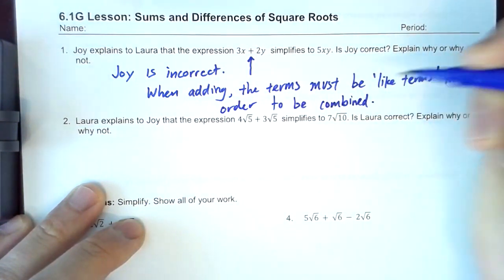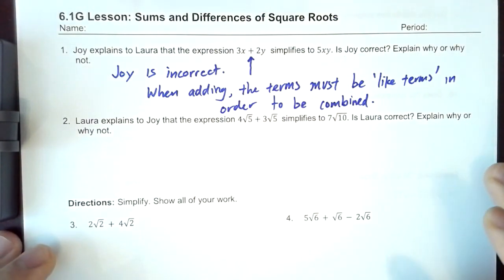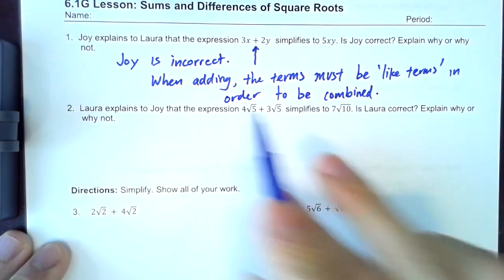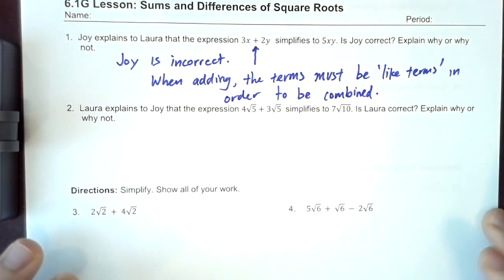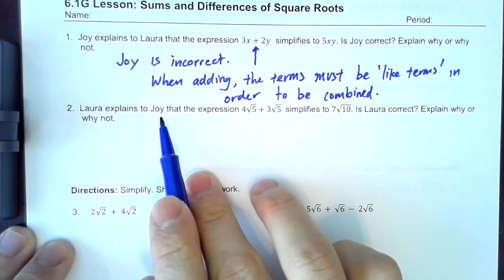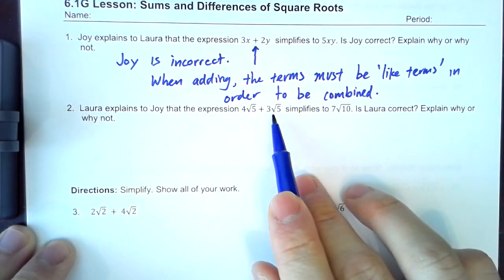Okay, we know that if they are not the same term, like x and y are different variables, then you cannot combine them, right? So this concept is also true for radicals and square roots, and any root for that matter.